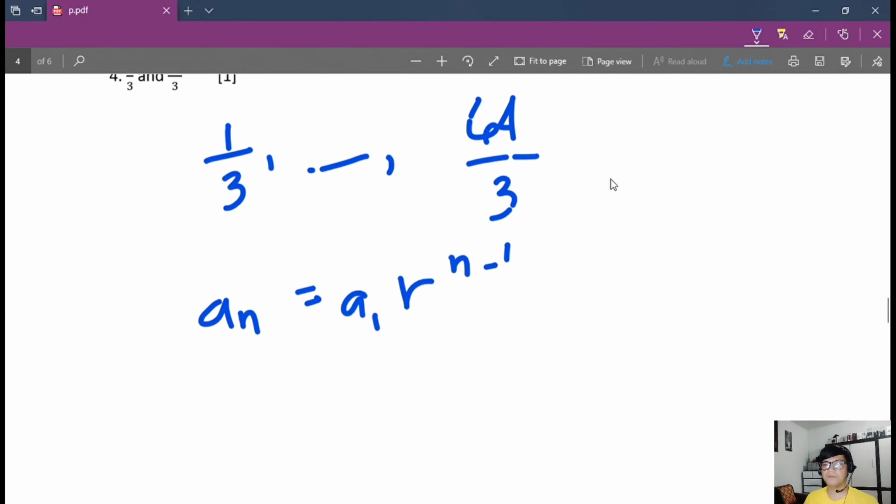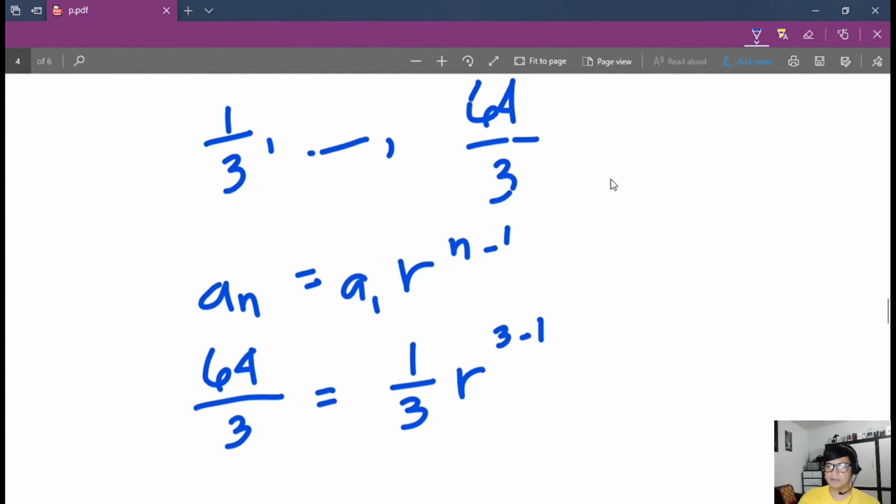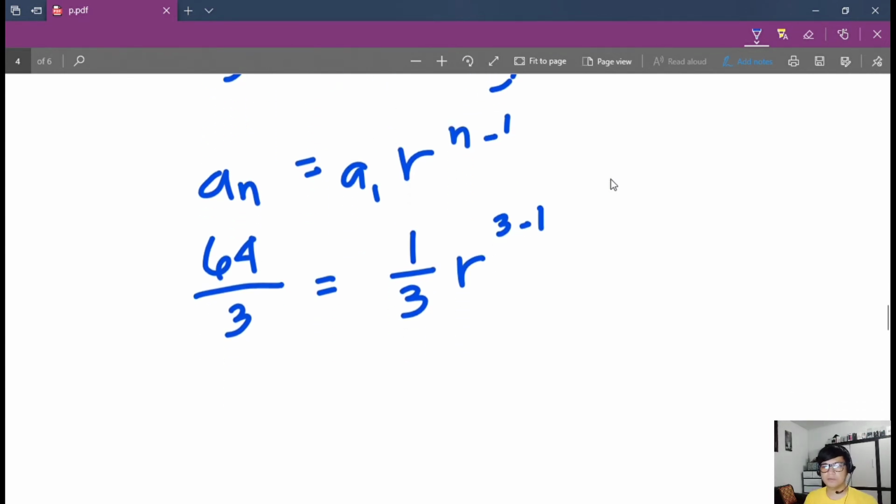So, our last term 64 over 3 is equal to 1/3 r to the 3 minus 1. So, this is 64 over 3 is equal to 1/3 r squared.